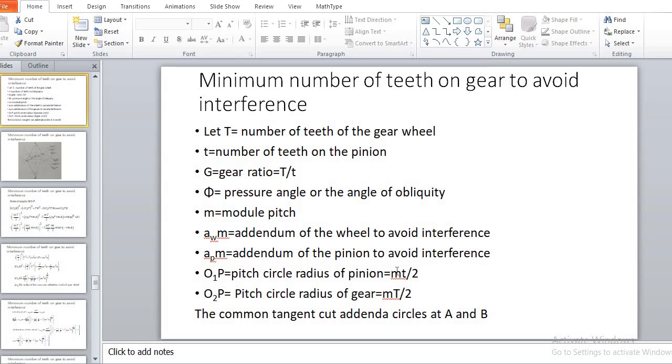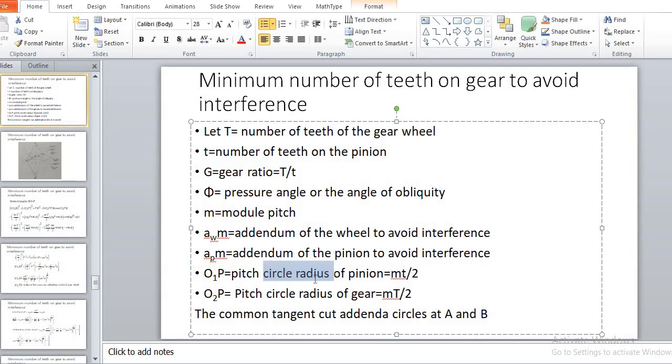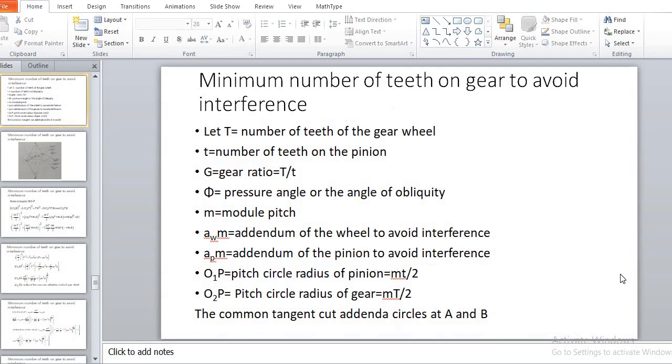So M is now D by T, T gets cancelled, and the remaining term is D by 2, nothing but the pitch circle radius for the pinion.